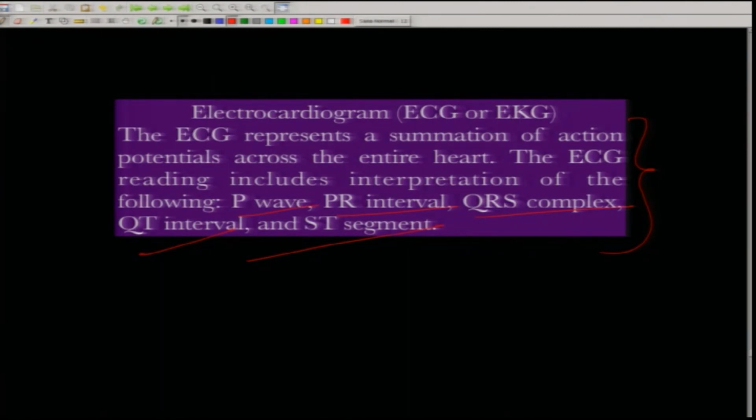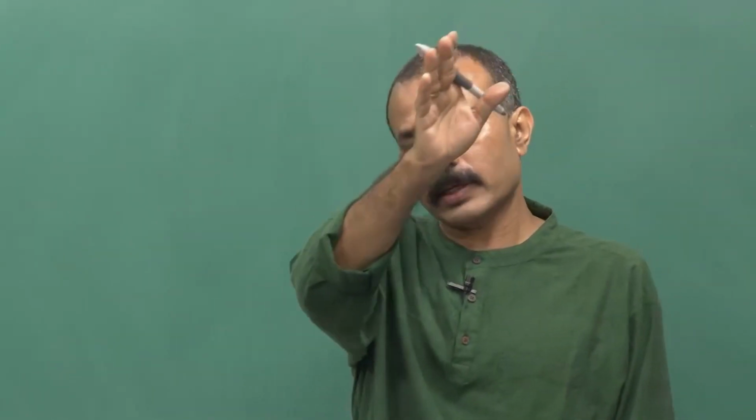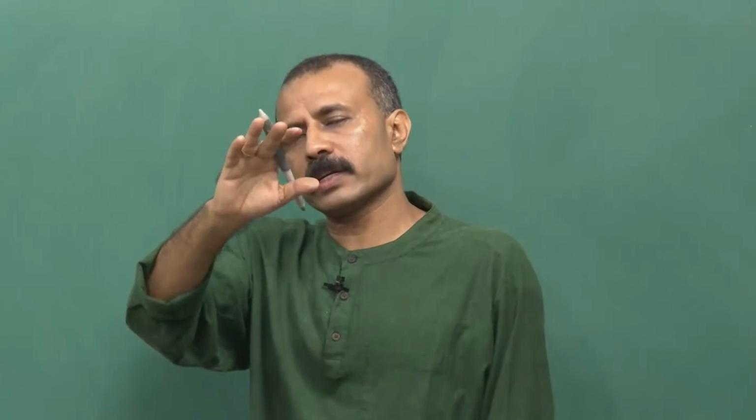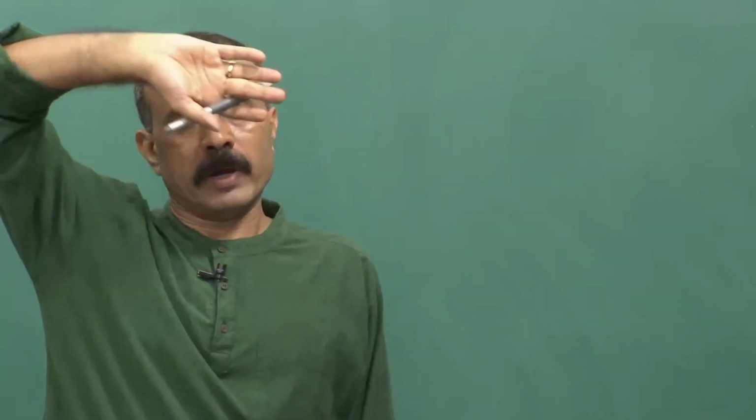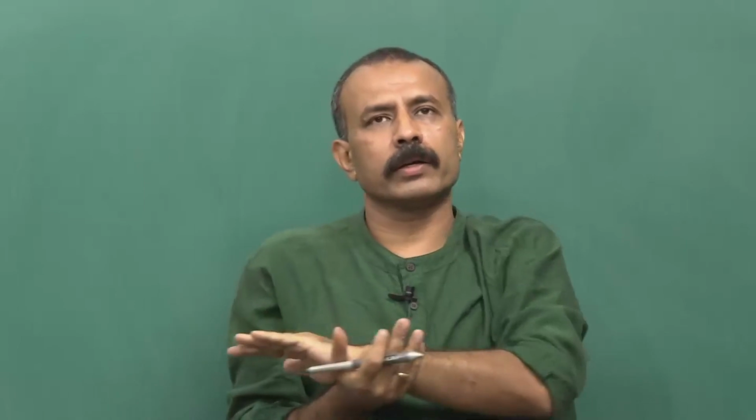So, essentially the whole heart is an electrically active unit. The electrical impulse moves from the SA node to the AV node, and in that process the electrical activity is transmitted to the cardiomyocytes and that leads to a mechanical action.